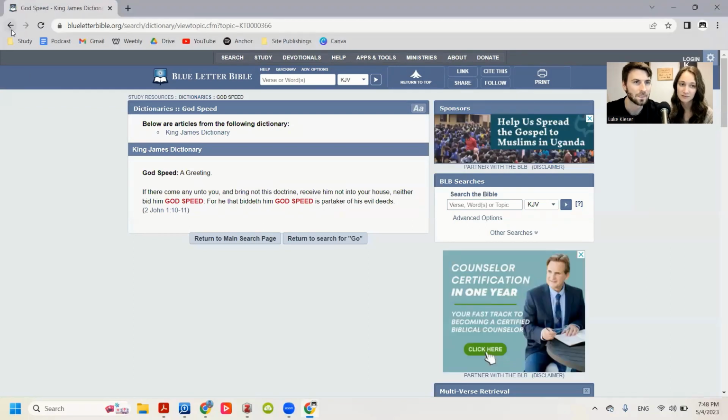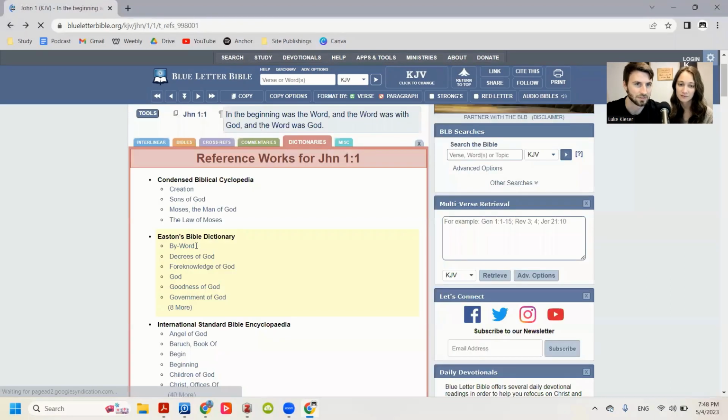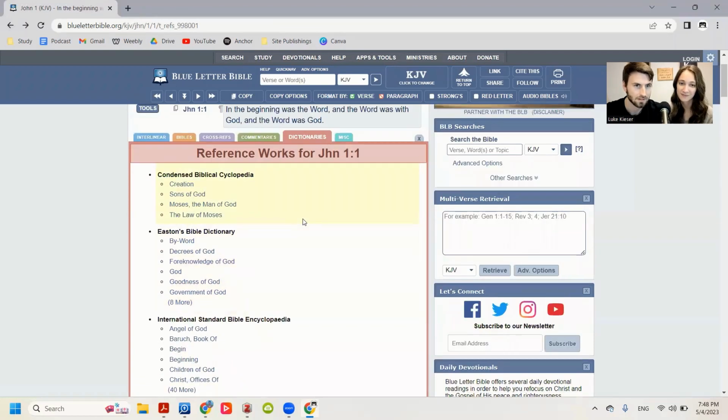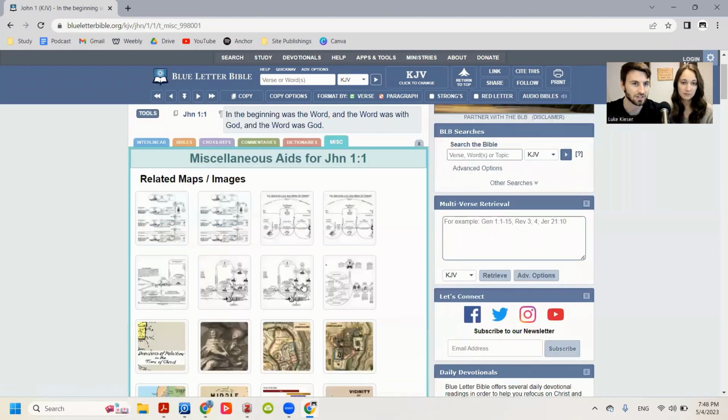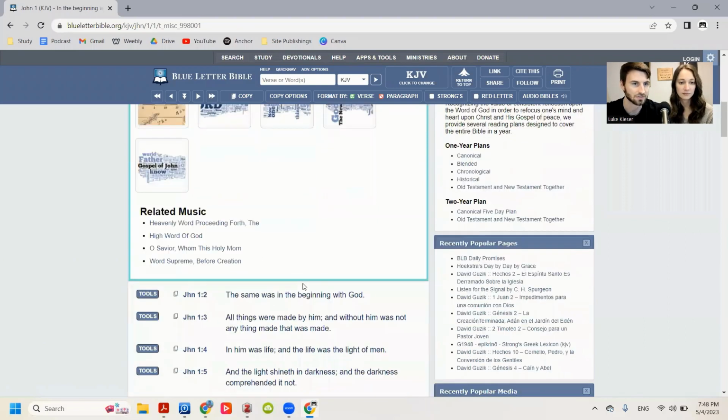So it just depends on the resource. But you can see the different topics that occur in this verse, the entries of that topic are shown here. Oh, like you would find the word beginning in the topic of creation. Yeah.